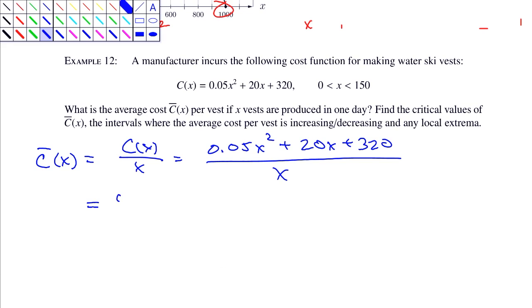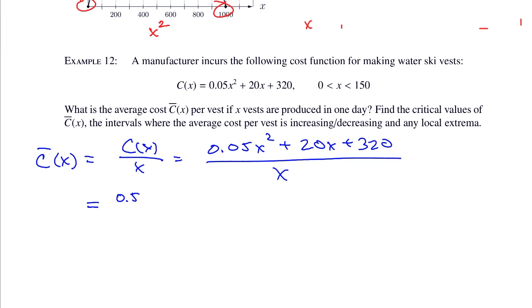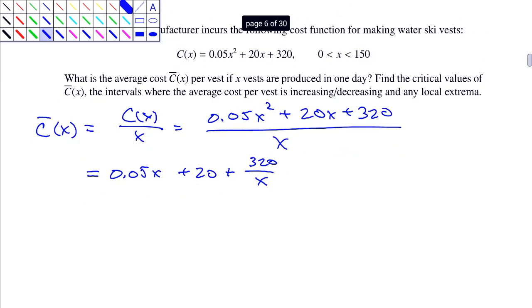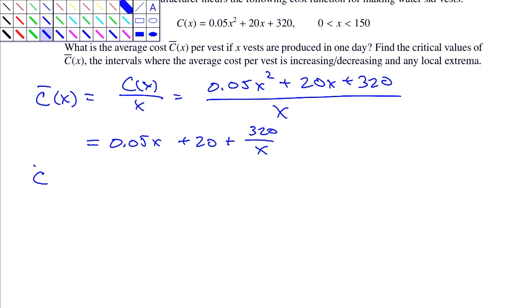I choose to reduce it now: 0.05x plus 20 plus 320 over x. Now we need the derivative. The derivative of 0.05x is 0.05, the derivative of 20 is 0, and the derivative of 320 over x is negative 320 over x squared.